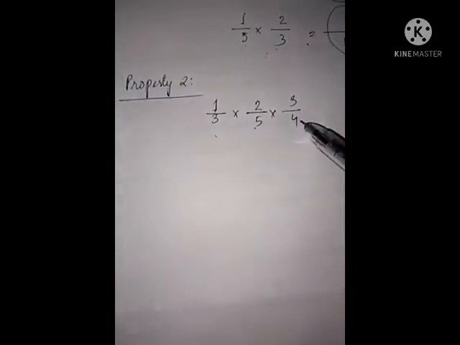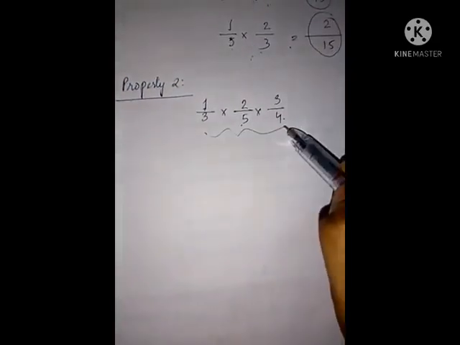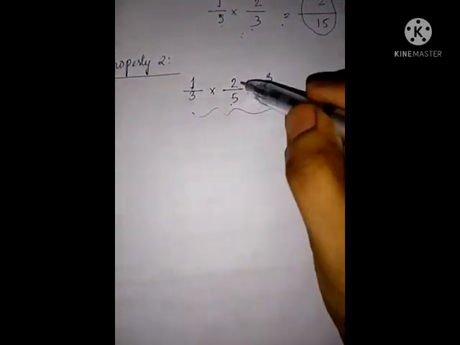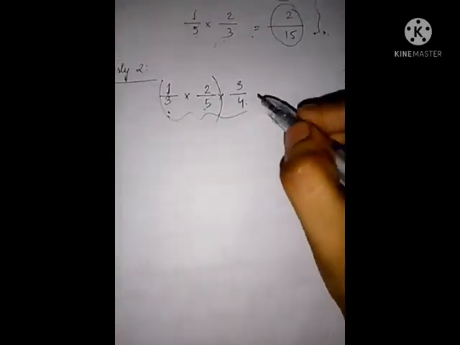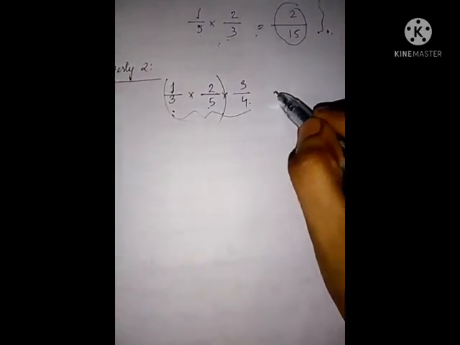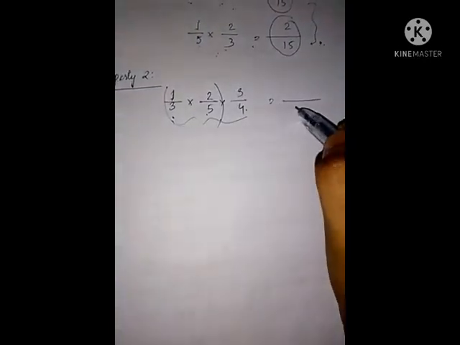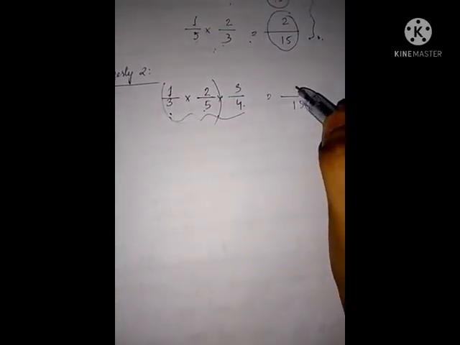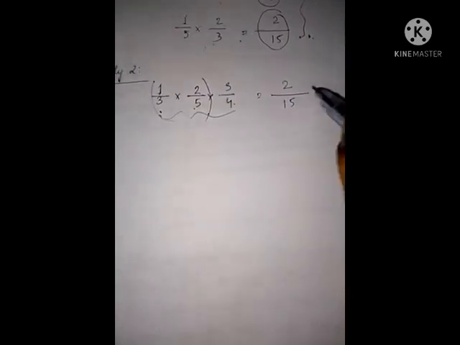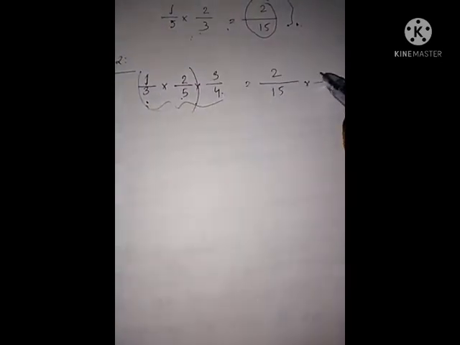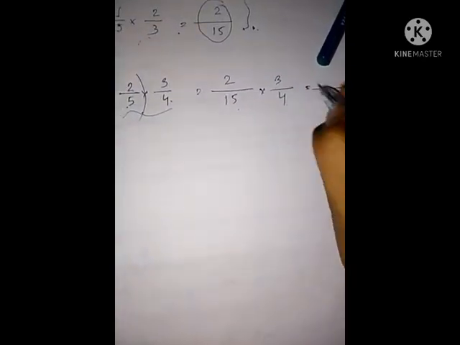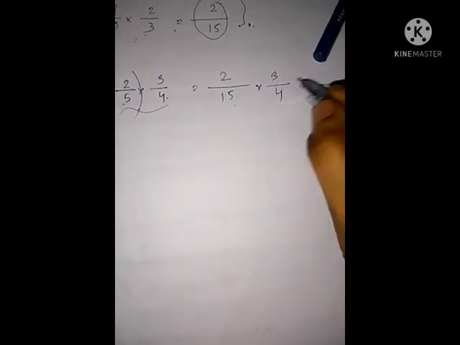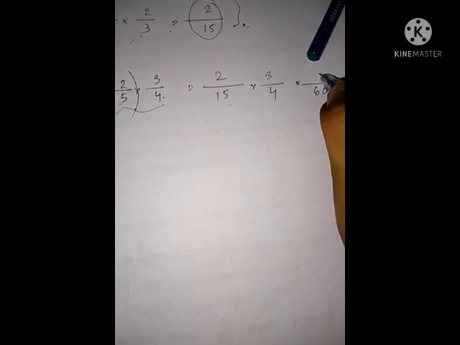These are the three fractional numbers. See what is the product of multiplication of these three fractions. If we first multiply these two, what will happen? 3 into 5, 3 5s are 15, 1 2s are 2, into this 3 by 4. 15 into 4, 60, 2 into 3, 2 3s are 6.